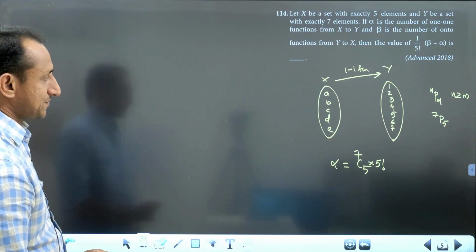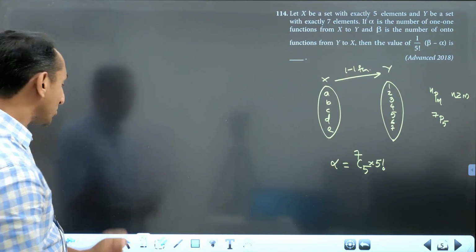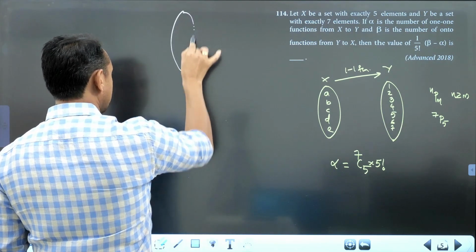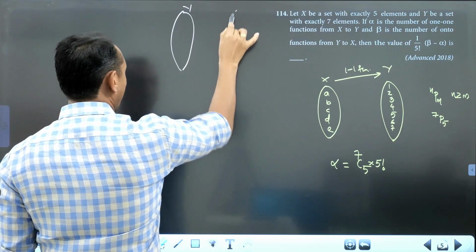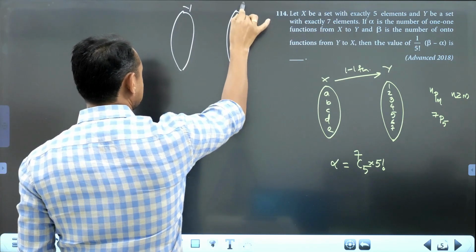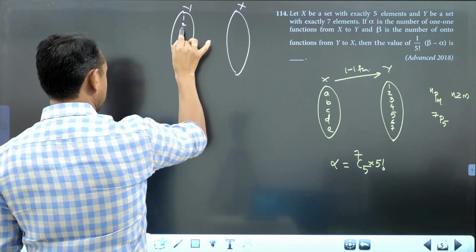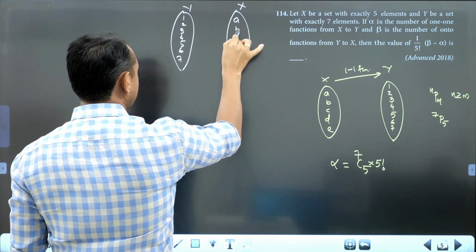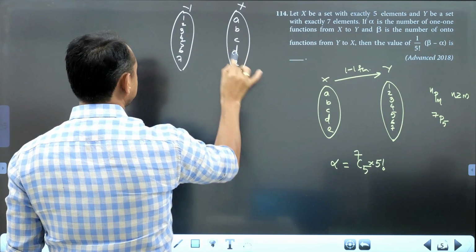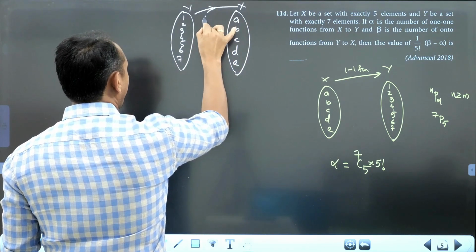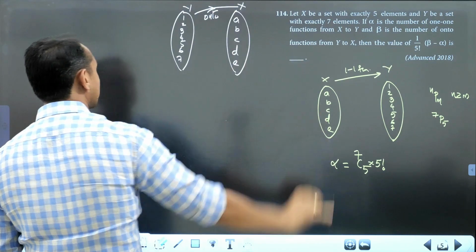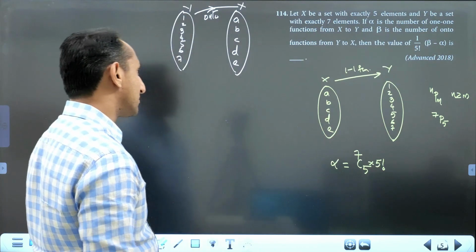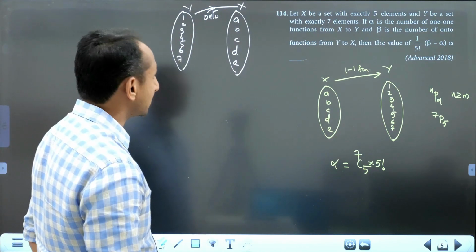Next, there is an onto function from Y to X. 1, 2, 3, 4, 5, 6, 7 to A, B, C, D, E. What is an onto function?